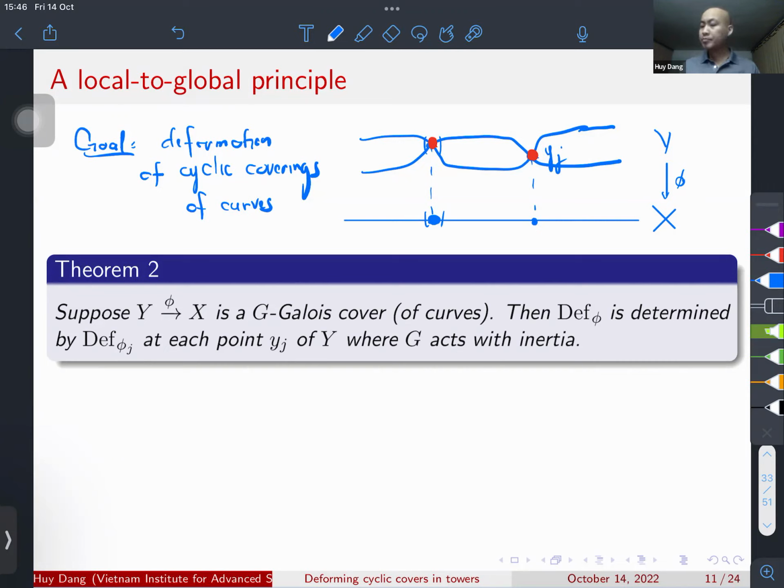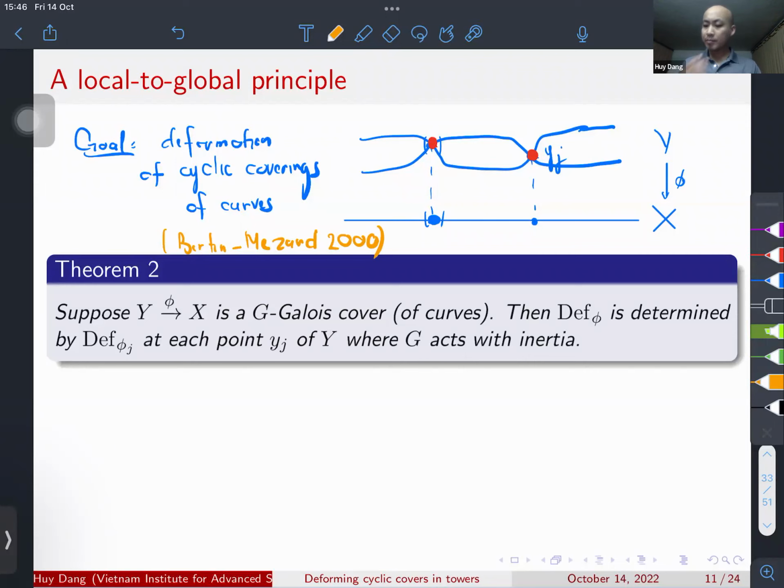But thanks to something called the local-global principle, which many people have worked on, by Bertin and Mézard in 2000, maybe that is one good reference for the deformation theory.